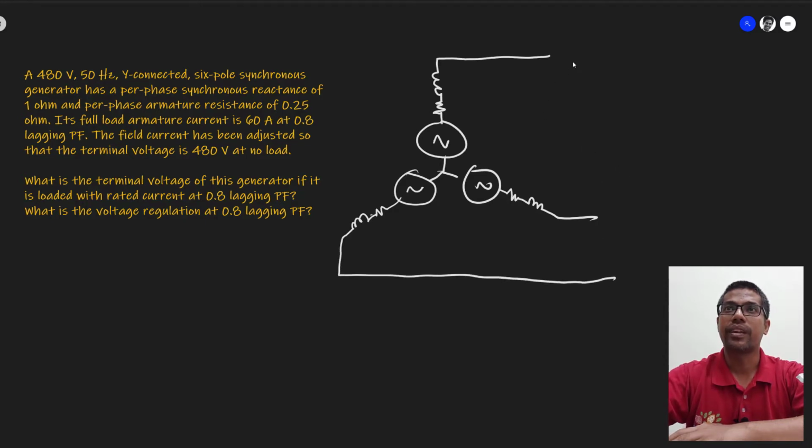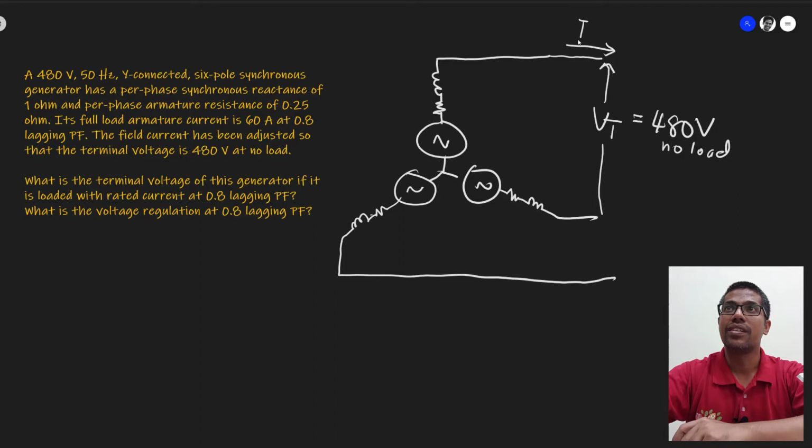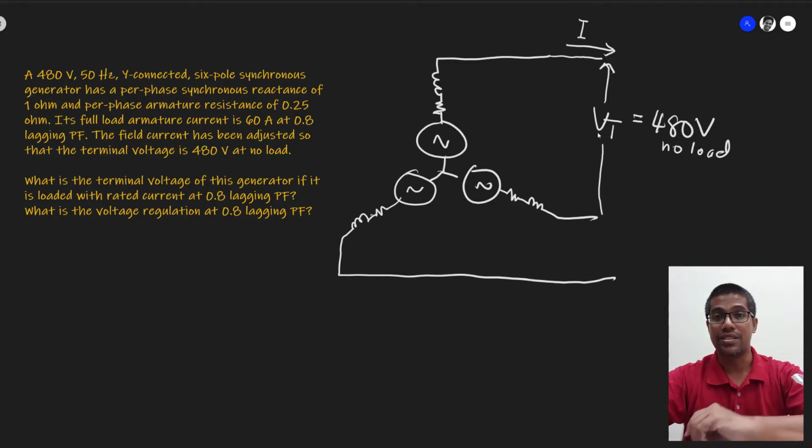And now we have our terminal voltage here. This is our terminal voltage, the one that we measure. This is the one at 480 volt at no load condition. No load condition means this current, the load current, is 0.